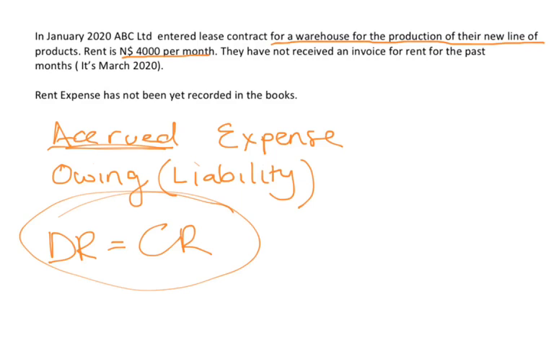So how are we going to record this? First of all, we need to recognize that there is an expense. We incurred an expense. We used that office for that month, so we just have to pay that rent. When you say incurred, it's kind of like you used up the rights.